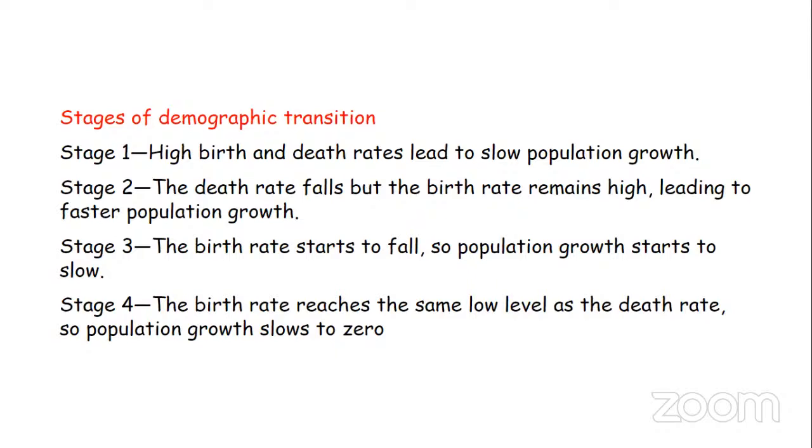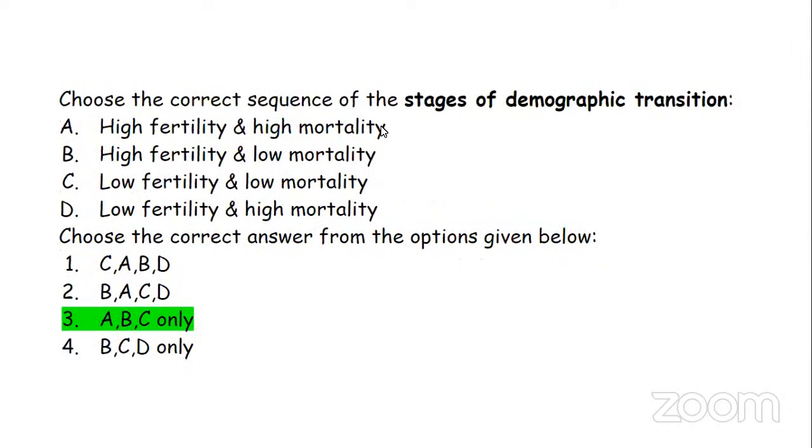So these are the stages of demographic transition. In the first stage, both fertility and mortality rates are high. In the second stage, there is a high fertility rate but a low mortality rate. In the final stage, both fertility rate and mortality rate become low.